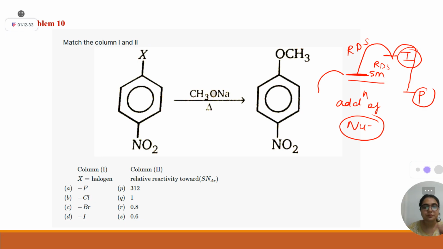Now tell me, the role of X is as a leaving group, right? Because that negative charge is handled by this nitro group, yes or no? The negative charge in that intermediate structure. Let me draw. This is your X, this is your NO2.